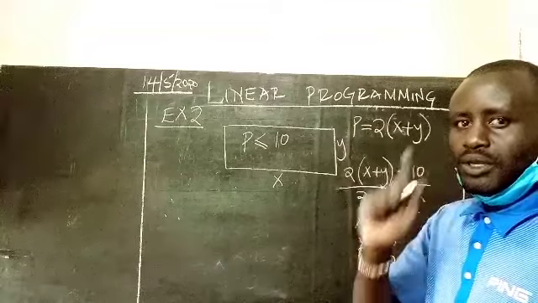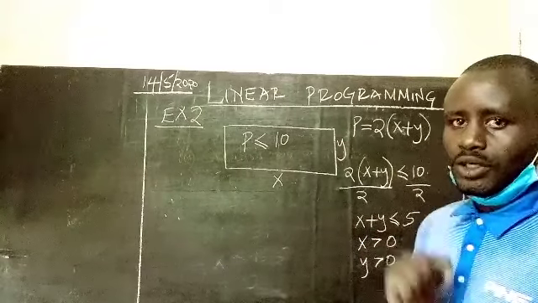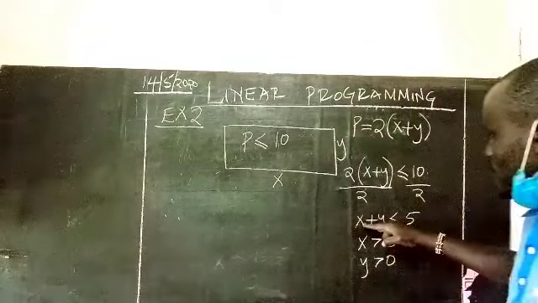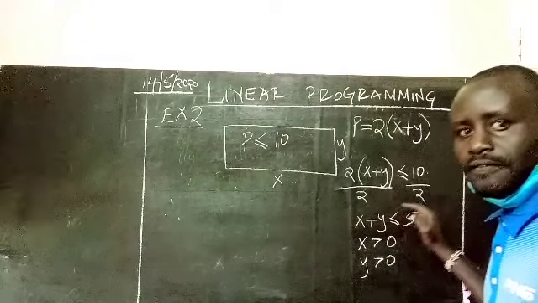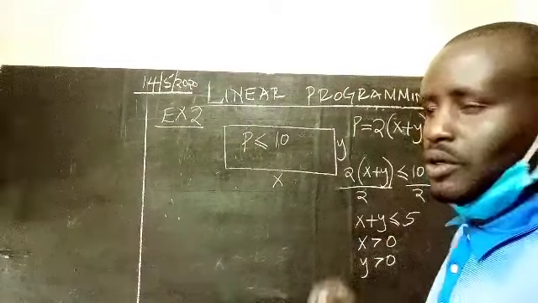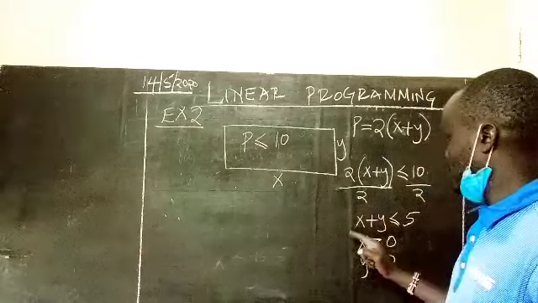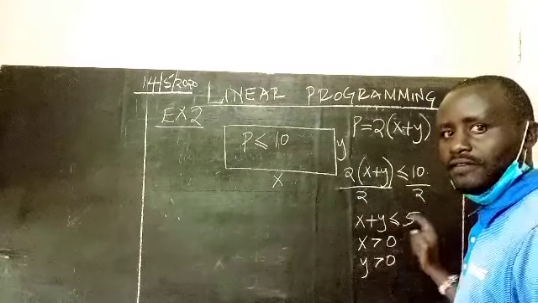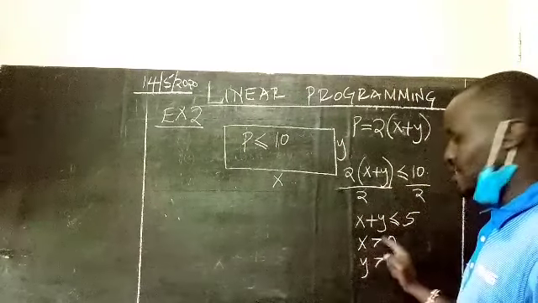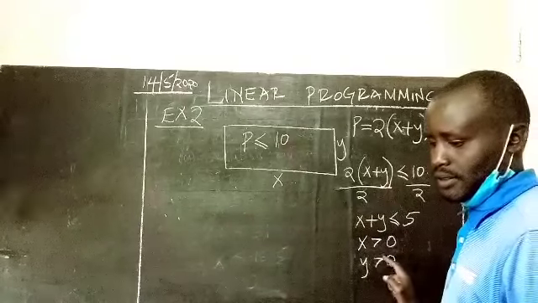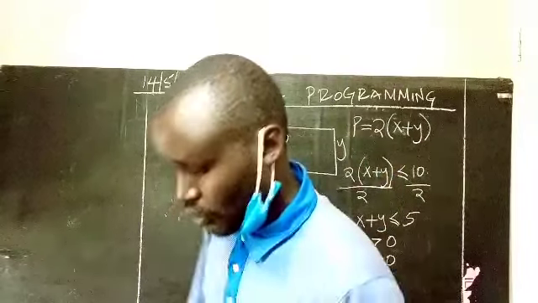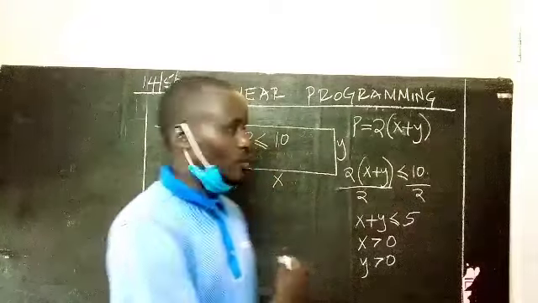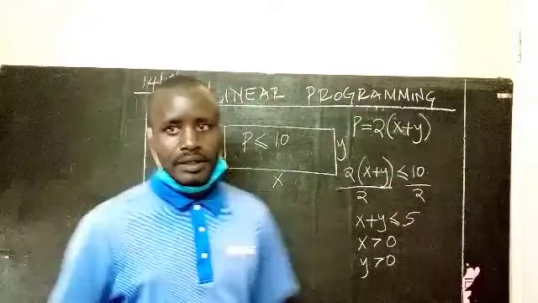Remember that we were forming linear inequalities. And that is, x plus y is not more than 5, and we also have x is greater than 0 and y is greater than 0. Those are our 3 inequalities in this example 2.